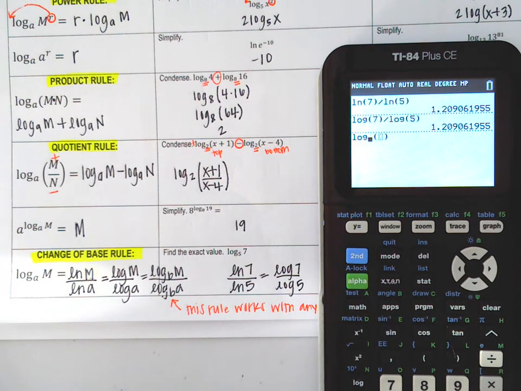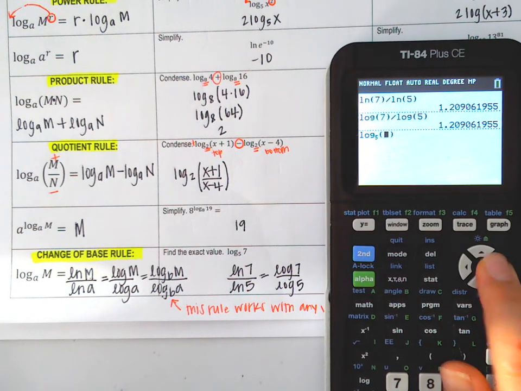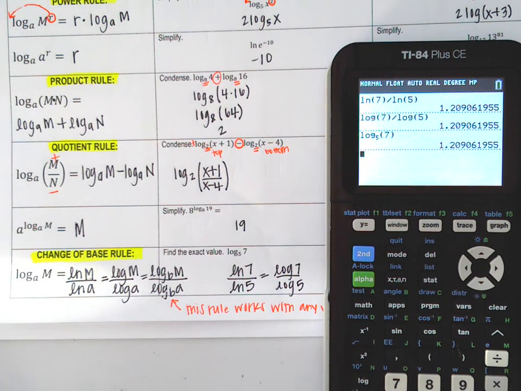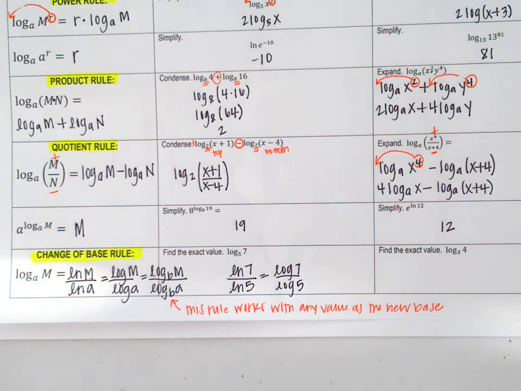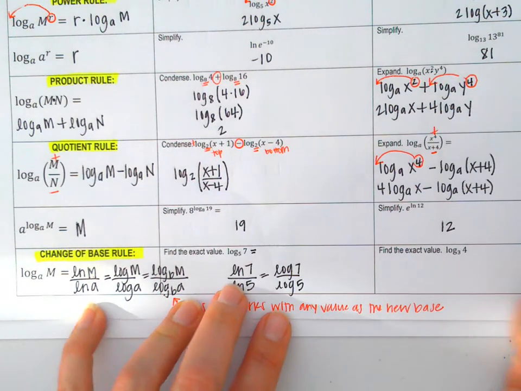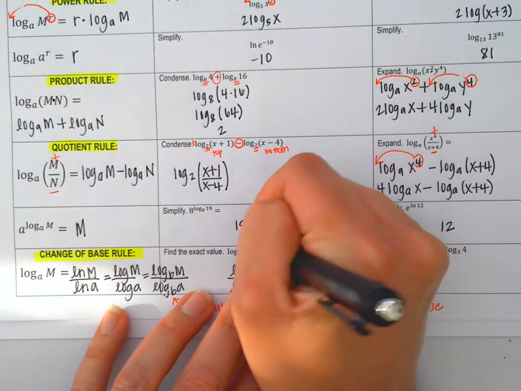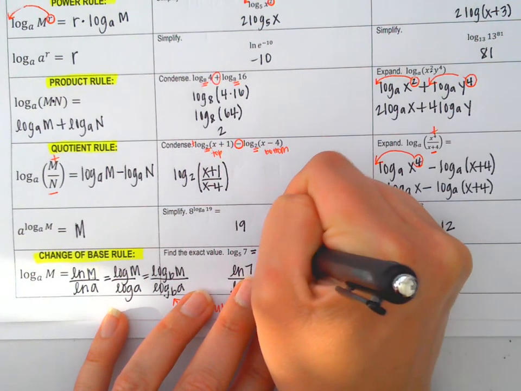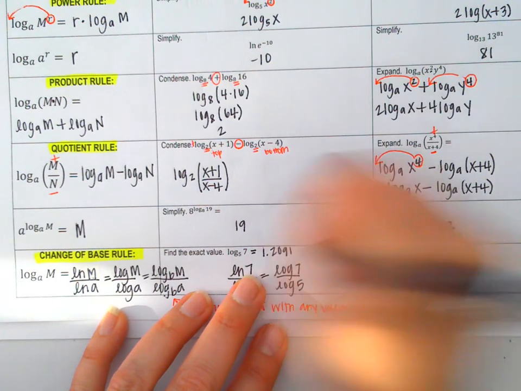So it will be log base 5 of 7. It gets you the same thing. However you want to do it. So log base 5 of 7 gets me, and with these we're always just going to round to 4 decimals. So 1.209, and that 6 rounds it to a 1.